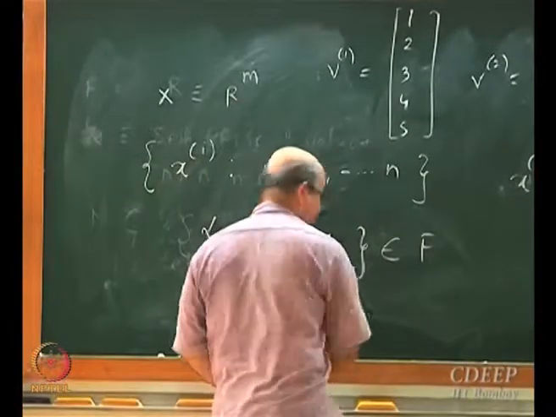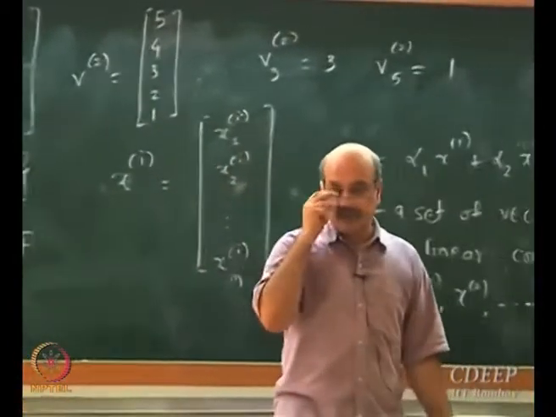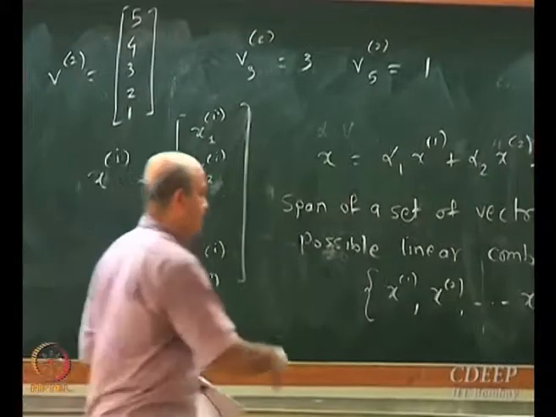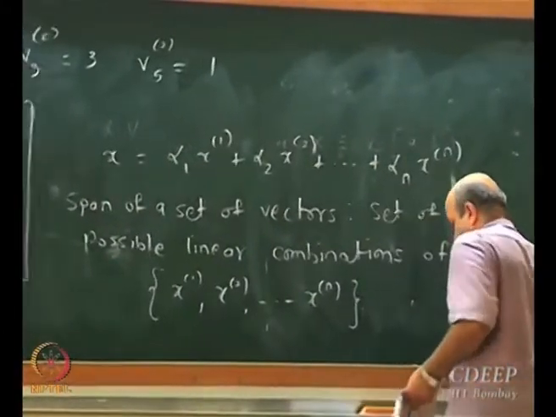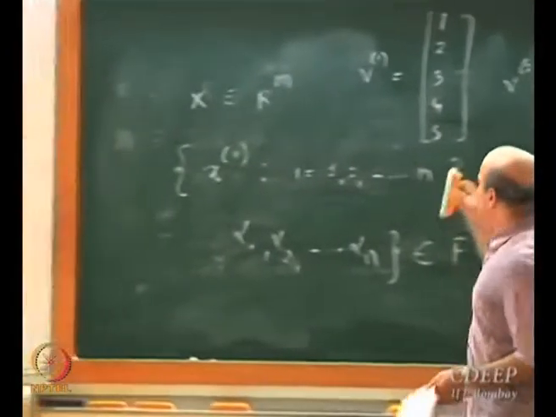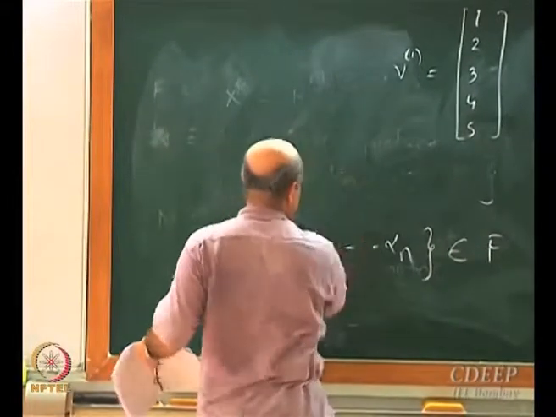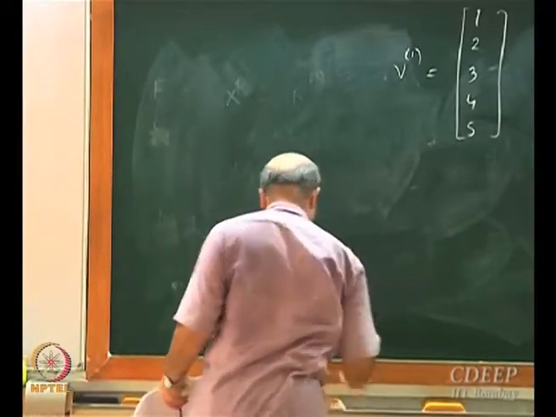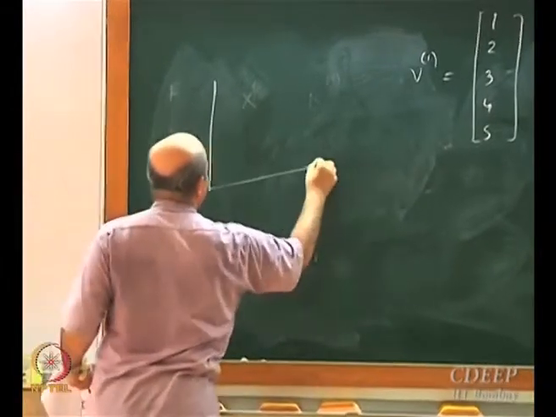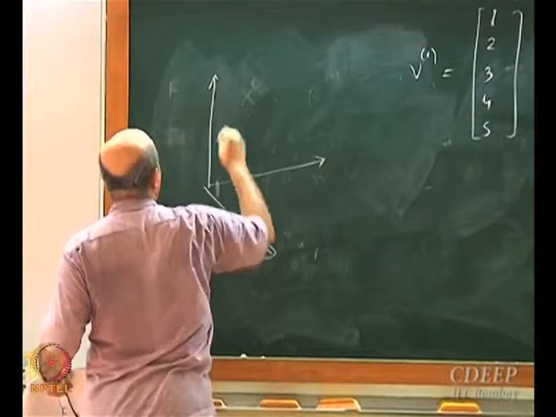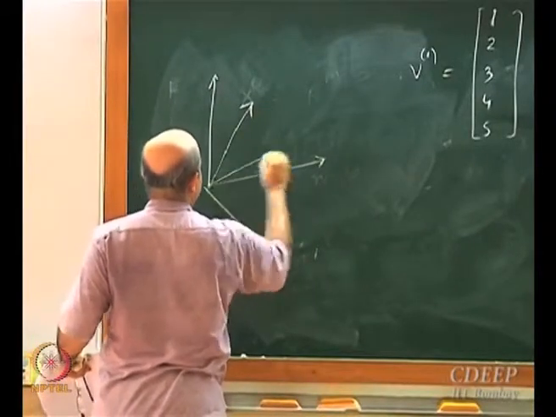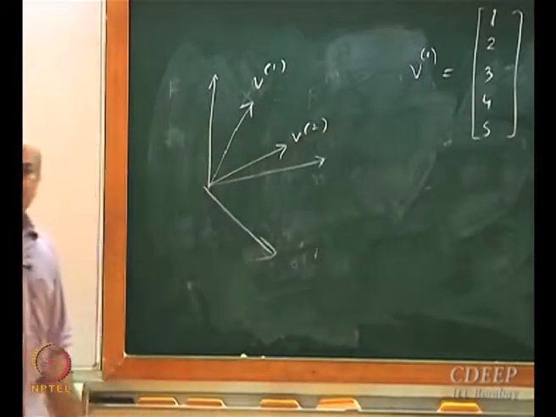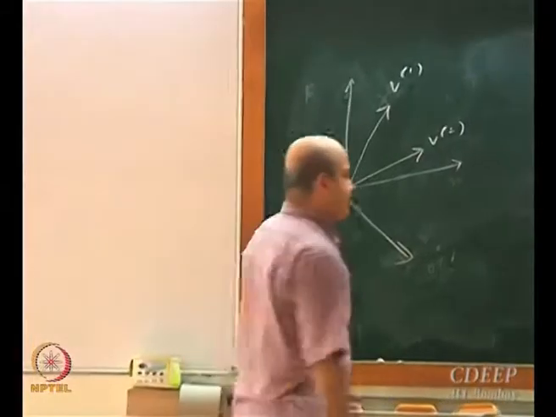Okay, so the span is the set of all possible combinations. You understand? Set of all possible combinations. If I give you two vectors in 3 dimensions, first start with 2 dimensions. If I give you any 2 vectors, let's call them v1 and v2, in 2 dimensions, what is this set?